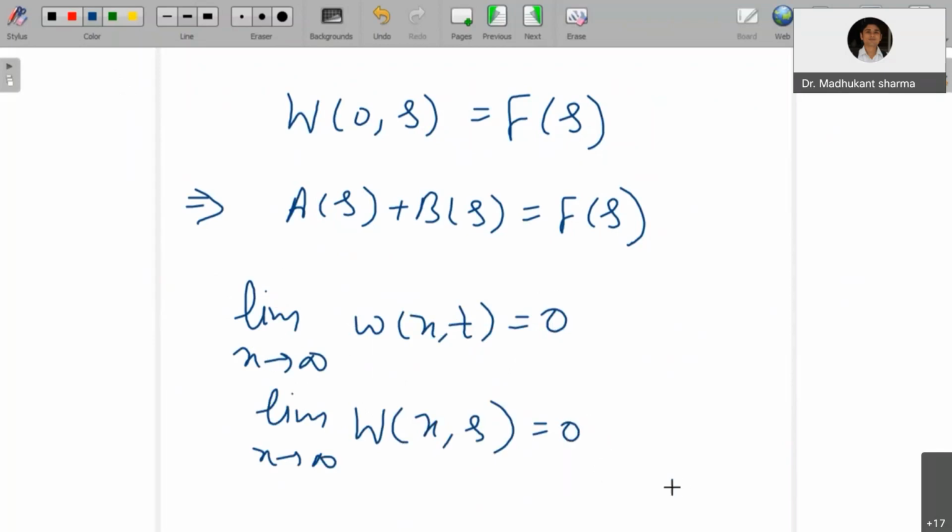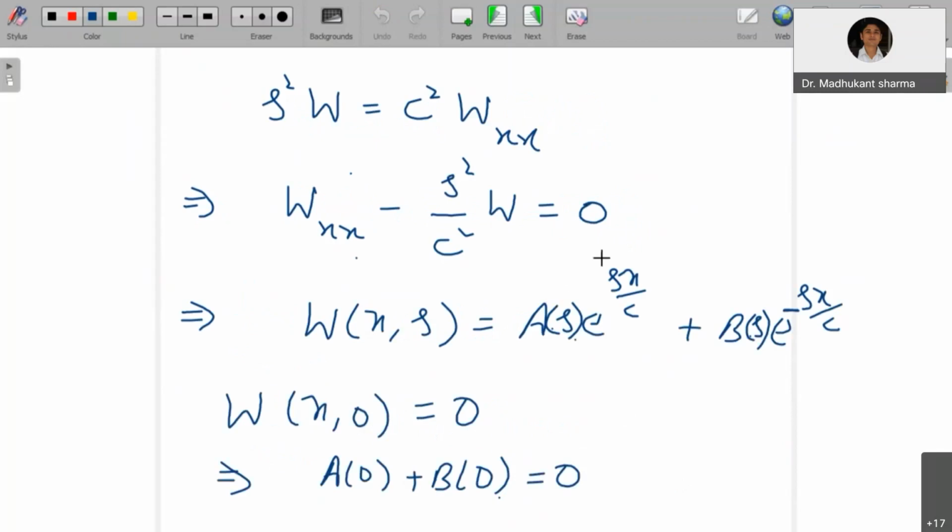Whenever x is tending to infinity, this is going to be a large value, because s is greater than 0 and c is greater than 0. If x is tending to infinity, this also tends to infinity exponentially.